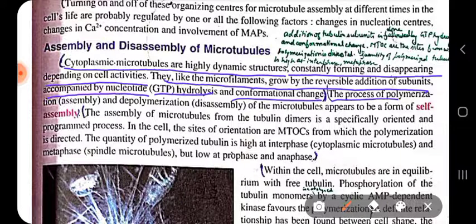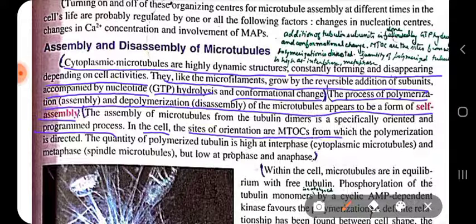The process of polymerization, that is assembly, and depolymerization, that is disassembly, of microtubules appears to be a form of self-assembly. So they self-assemble actually. Now, the assembly of microtubules occurs through a programmed process. Within the cell, the sites of orientation are the MTOC, from which the polymerization is directed.